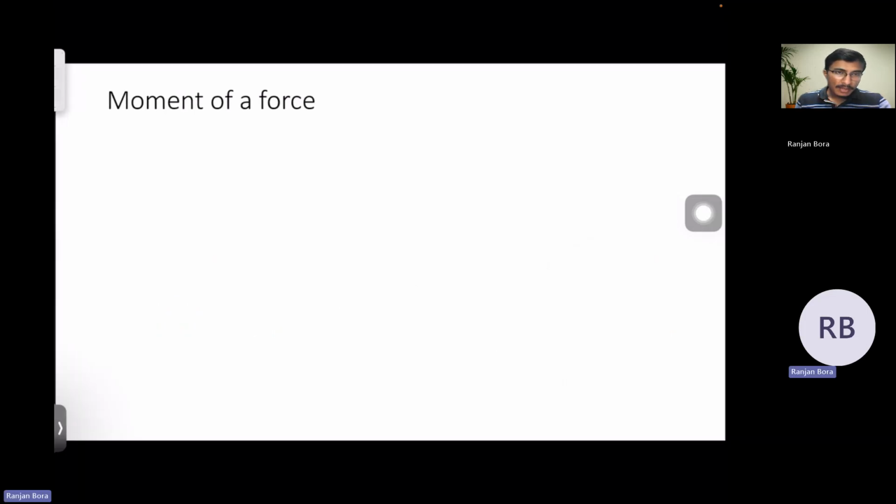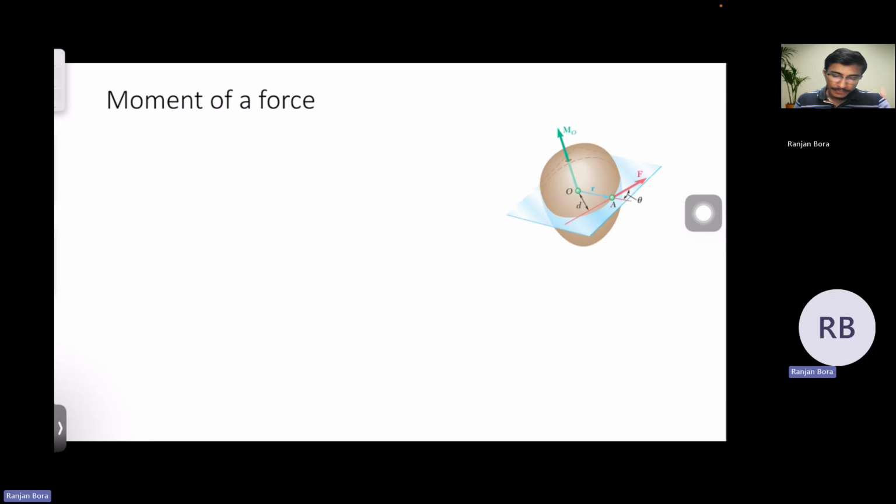And next is moment of a force. What is the moment of a force? You can see in this figure, a force F is acting at a distance of r from the center O. Because of this force F, this force will tend to rotate this object about this axis, which is shown using this green color, in this direction, which is shown using this red arrow.